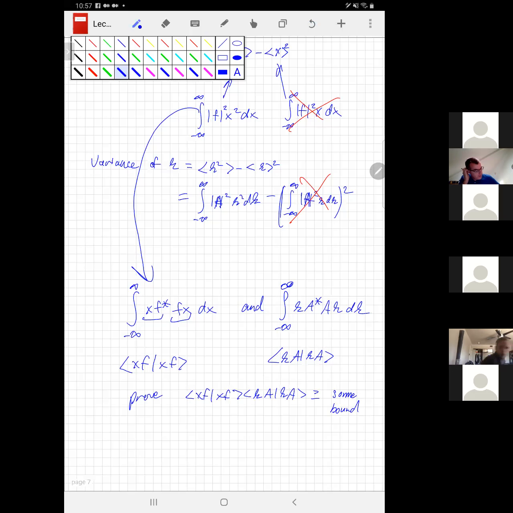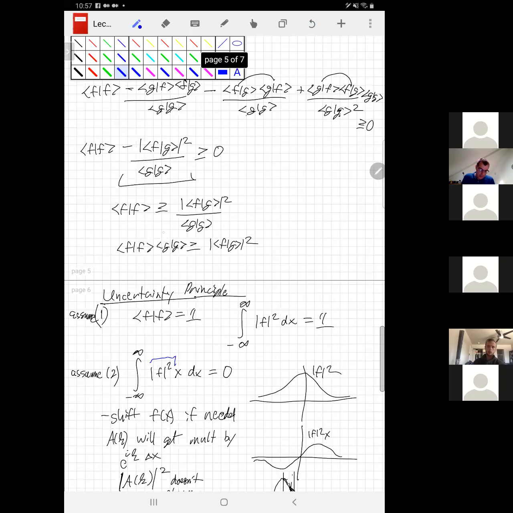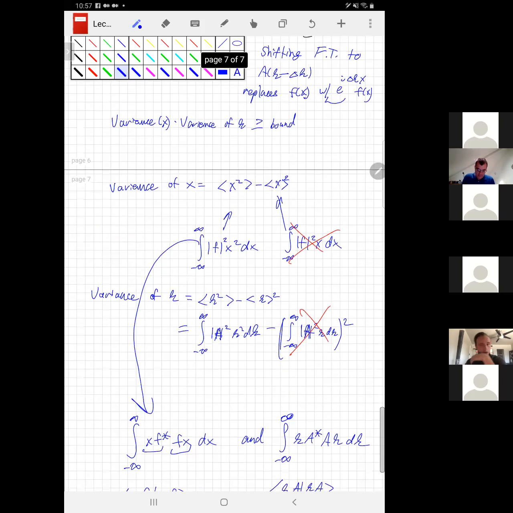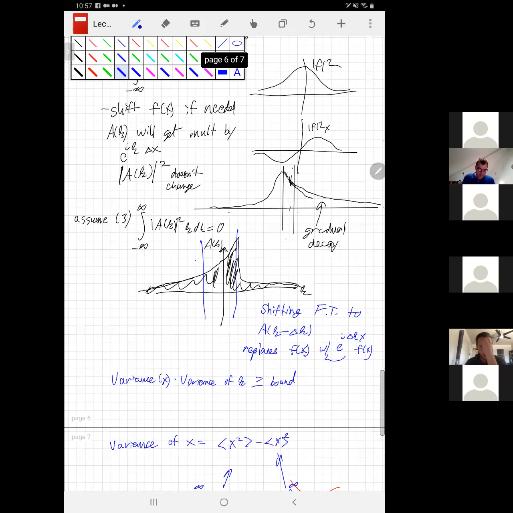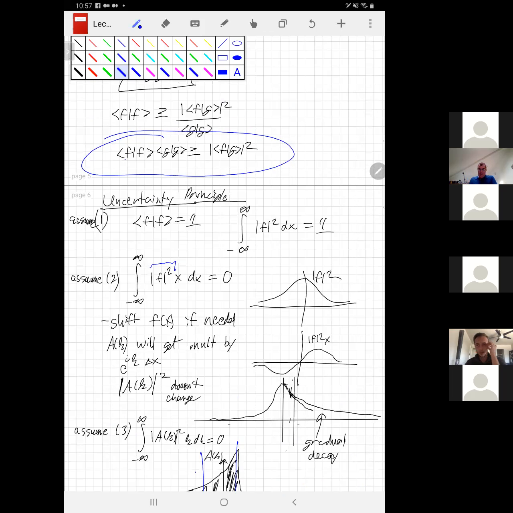And I need to prove that the product of their inner products with themselves is greater than the bound. Well, lo and behold, we just happen to have something like that up here, the Cauchy-Schwarz inequality, which says if I've got a function f, well, now it's not f, it's xf, but that which we call xf by any other name would still obey the Cauchy-Schwarz inequality. And g, except we're calling it ka, but that which we call g by any other name would still obey the Cauchy-Schwarz inequality.